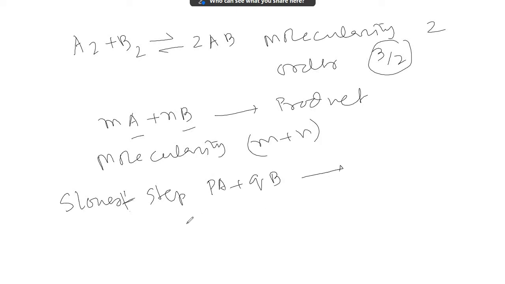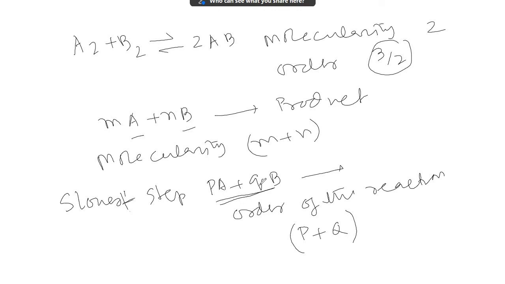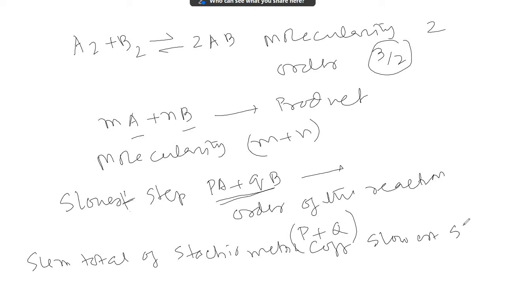So the order of the reaction should be P plus Q. Sum total of the stoichiometric coefficient in the slowest step gives the order of the reaction. It can be positive, negative, zero or fraction also.